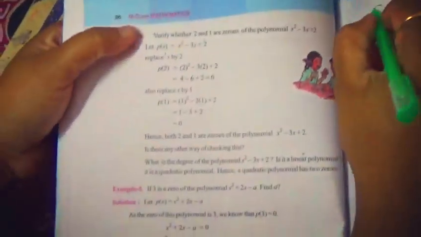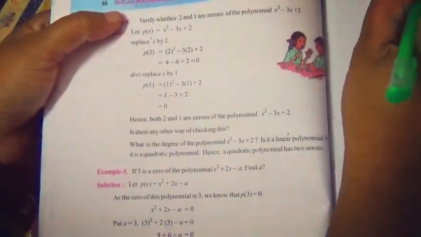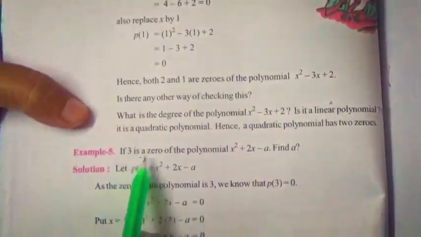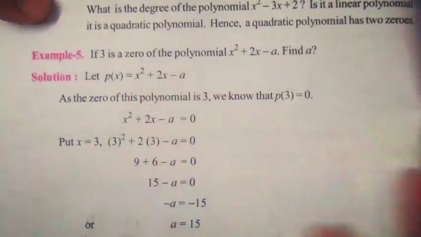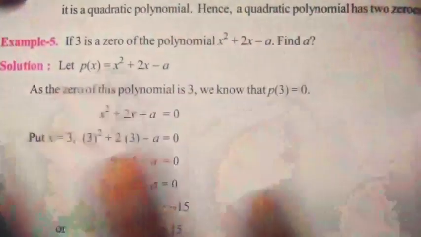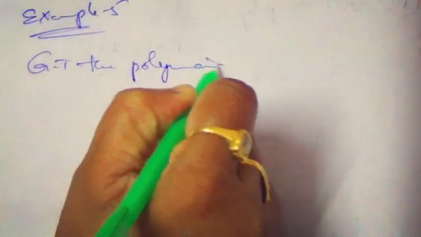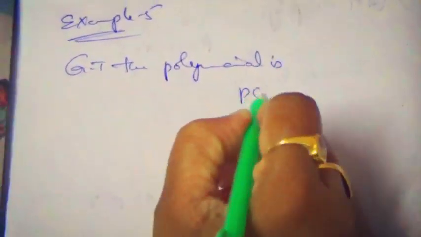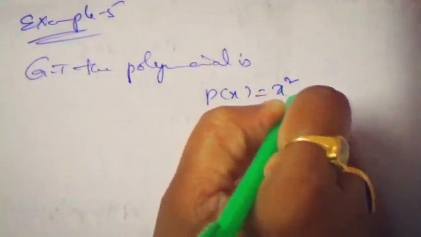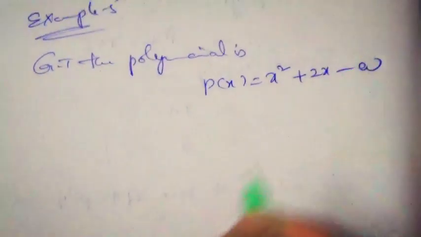Look at here, Example 5. If 3 is the zero of the given polynomial, then find a. So given that the polynomial is p of x is equal to x square plus 2x minus a.